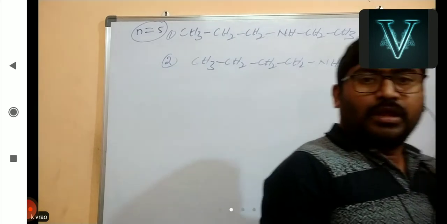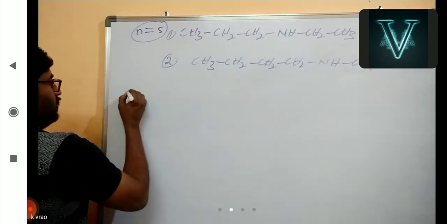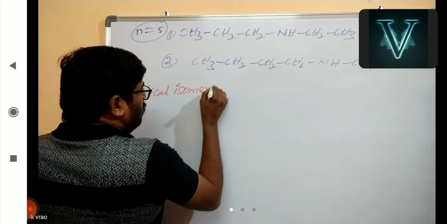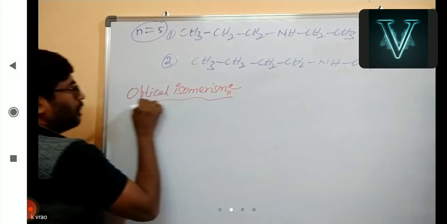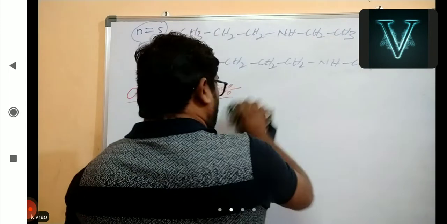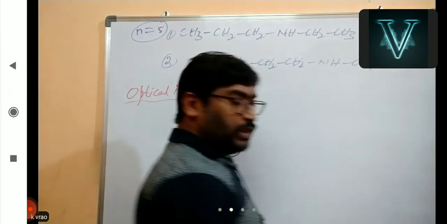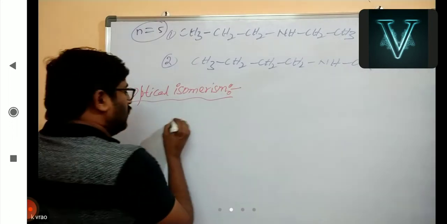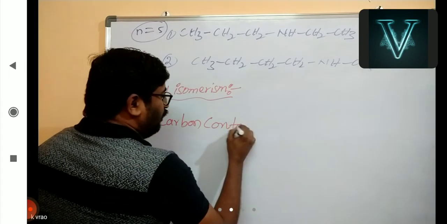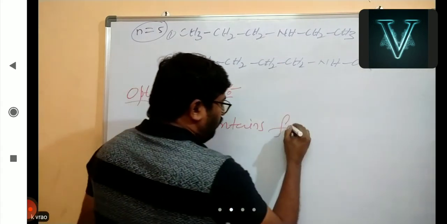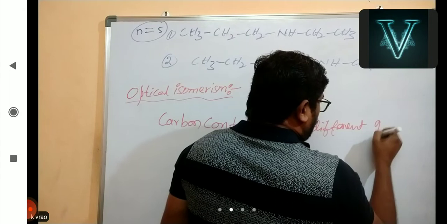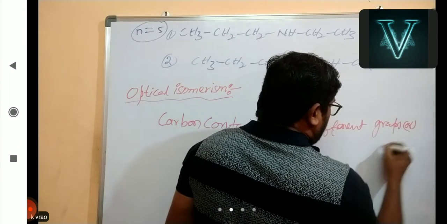Next, the last one is optical isomerism. To exhibit optical isomerism, first, the carbon contains four different groups or atoms.